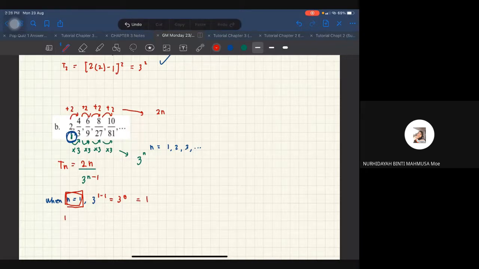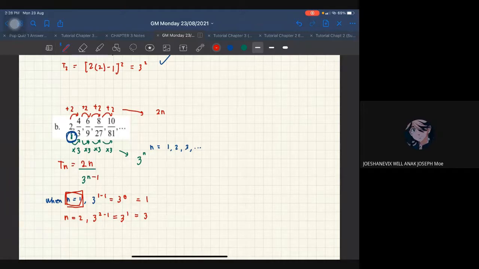Okay, so next, kalau awak masukkan n equal to 2 pula. So you have 3 power of 2 minus 1 equal to 3 power of 1, which is equal to 3. Okay, so betul lah awak punya pattern sekarang ni. Boleh follow ke? Boleh, Miss.